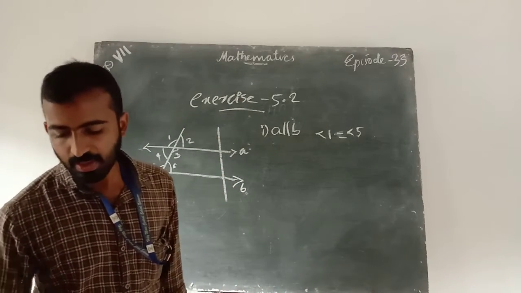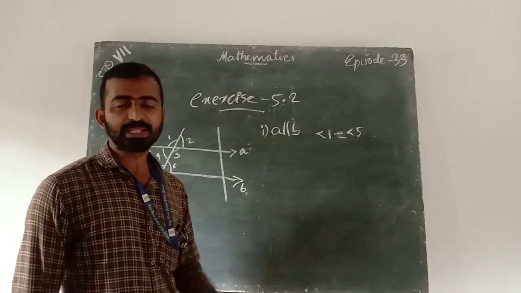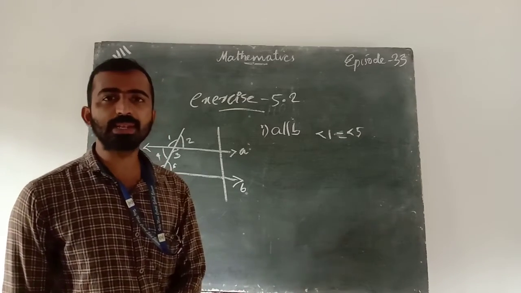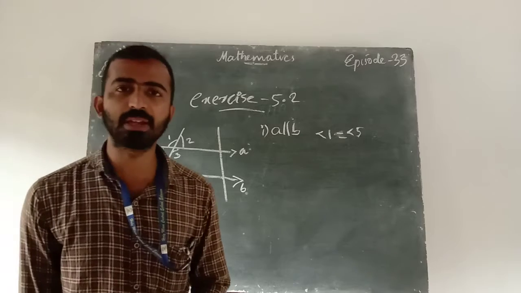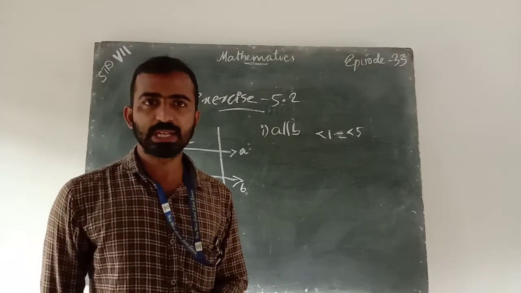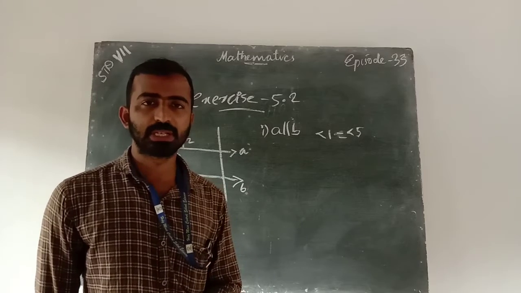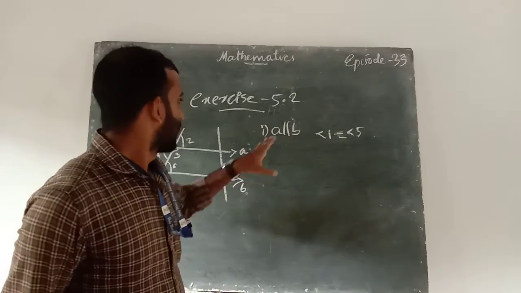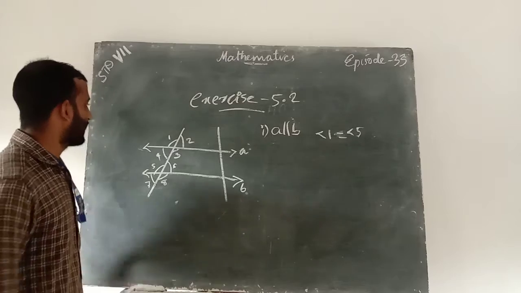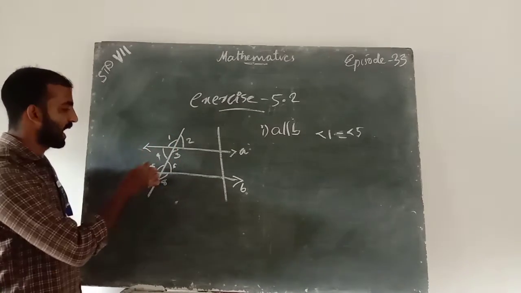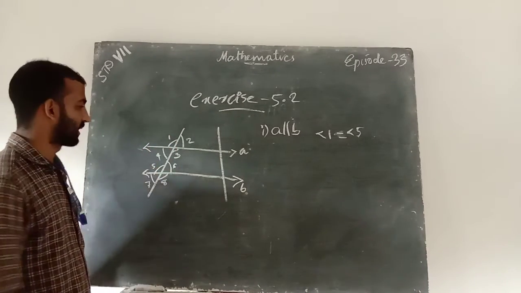What is the property? According to parallel lines, there are alternate angles, corresponding angles, linear pair angles or opposite angles. Here, angle 1 is here and angle 5 is here.